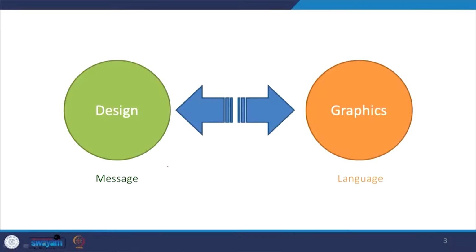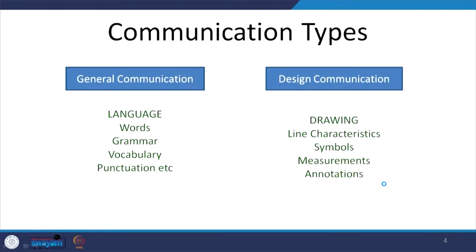I am conveying my idea of graphics through a language which is being heard, composed of words and sentences. I could do the same thing, or mix both of these with the help of this. So I have a circle drawn here, and I tell you that design is a message and graphics is the language to communicate that message. So it is basically a language, and it is used to communicate.